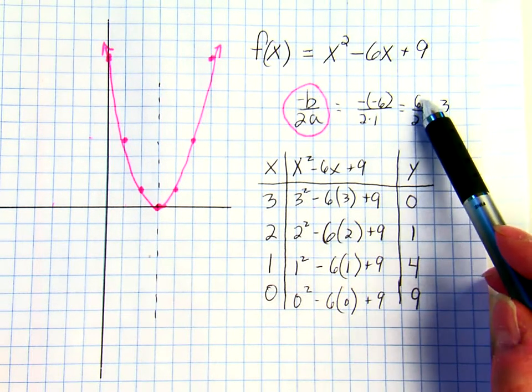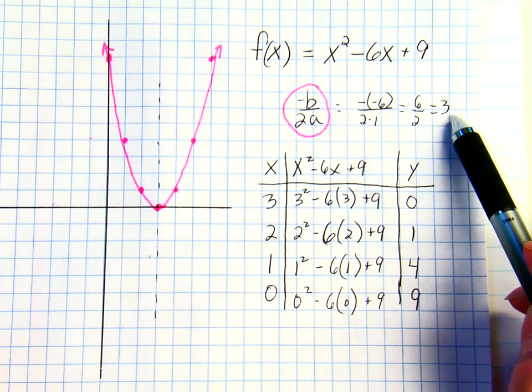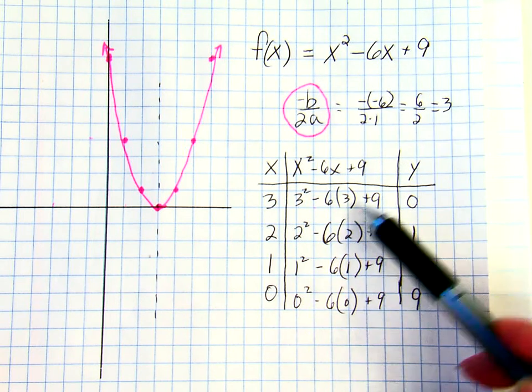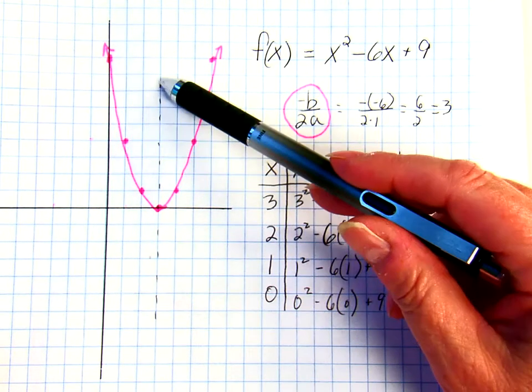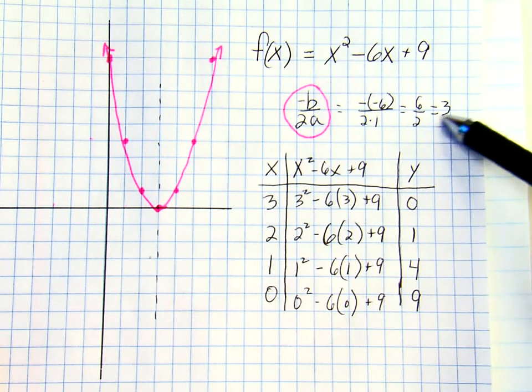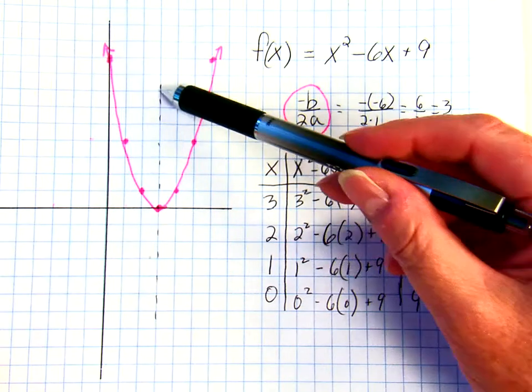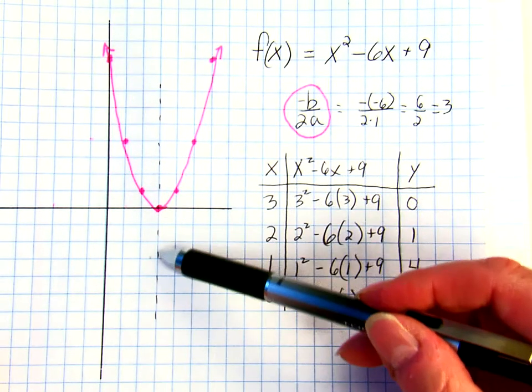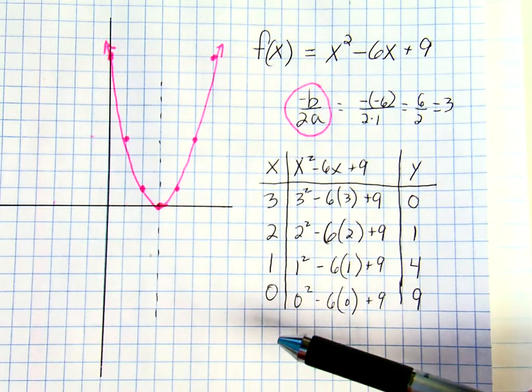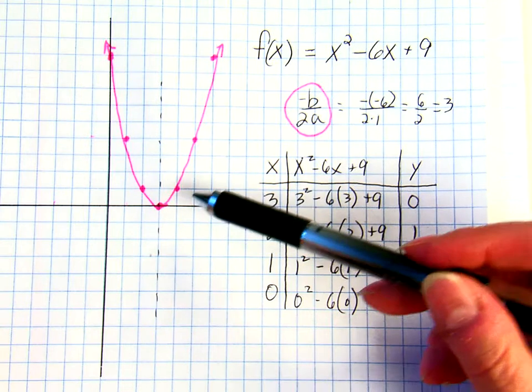This becomes a positive 6 over 2, which is equal to 3. So now I have come over here to x equals 3, and I've put my axis of symmetry line, just a very light line there.